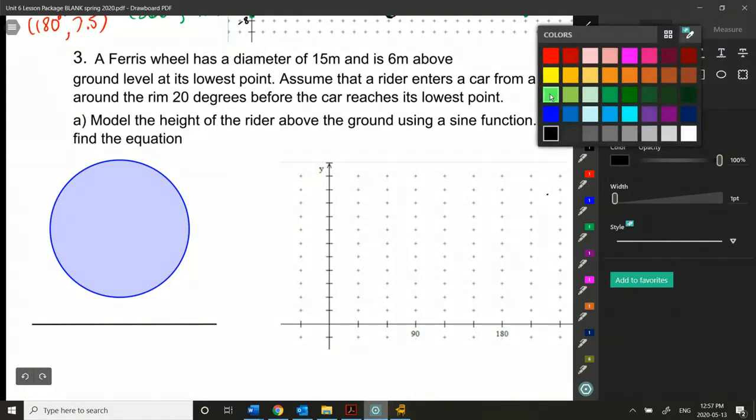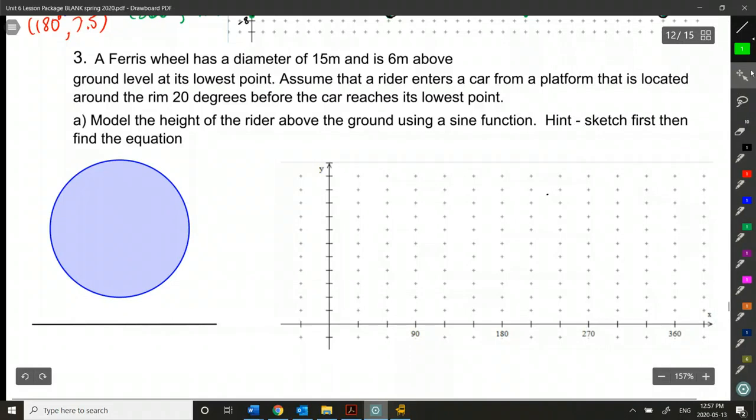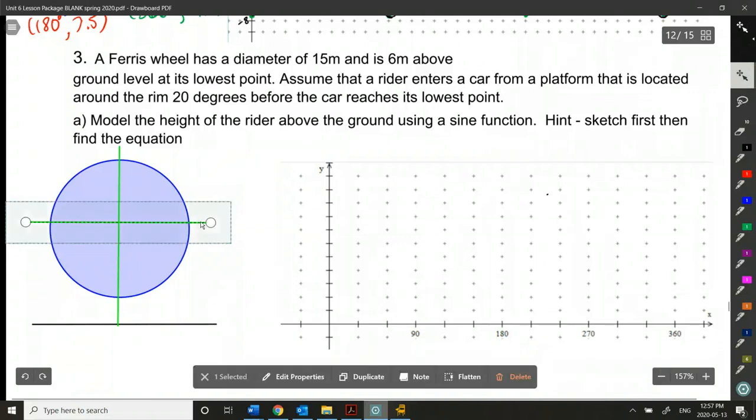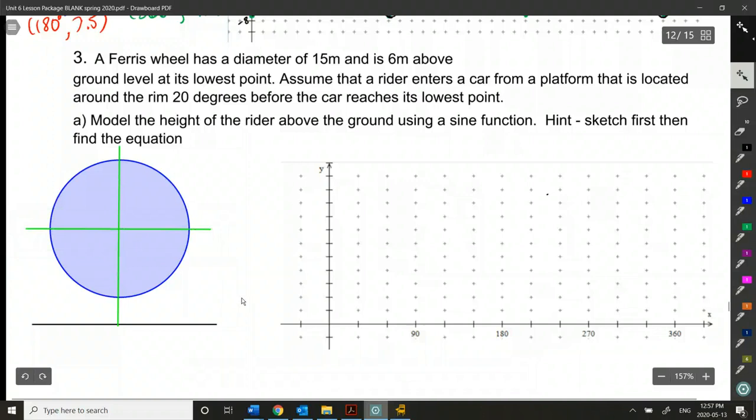And then I'm also going to mark off where the center is and these important points, which will be my important quadrants. I'm going to move this guy down just a little bit so he's right in the center. Perfect.